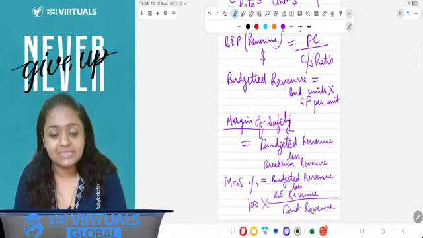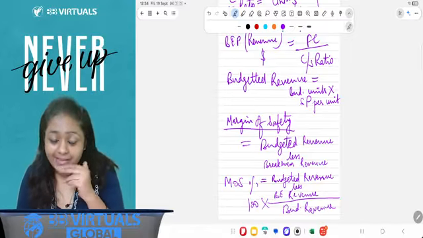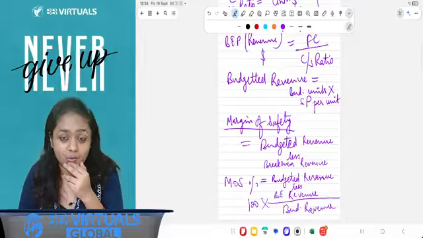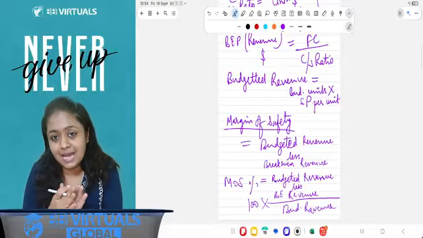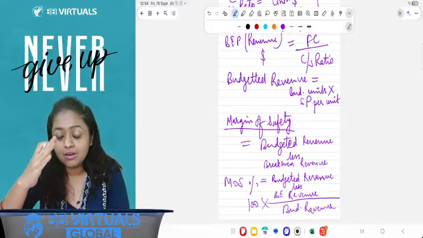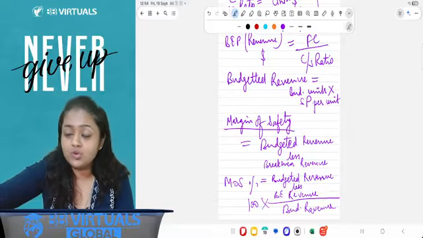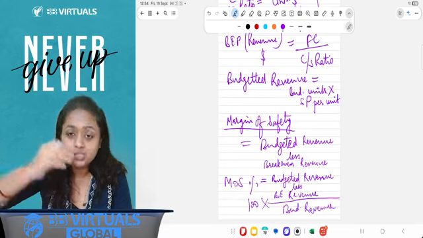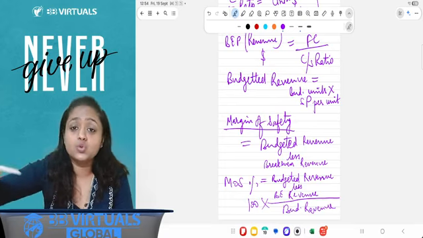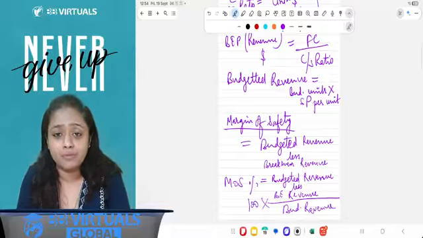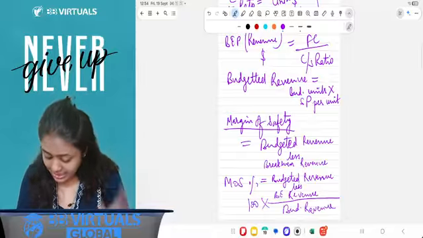So we will get the percentage of margin of safety. Every organization should try to minimize this gap between the break-even revenue and the budgeted revenue. So we should try to reach the budgeted revenue sooner, right? That should be the aim of every organization. Clear? Guys, you are with me.